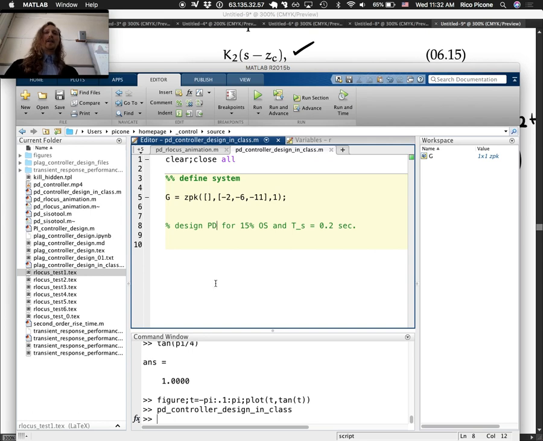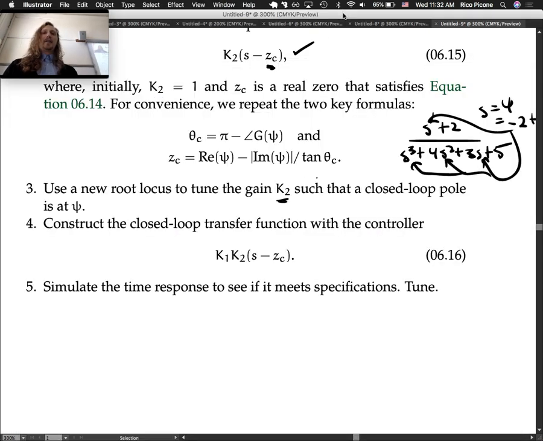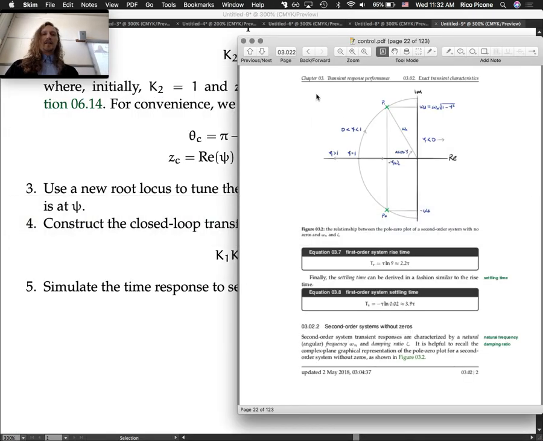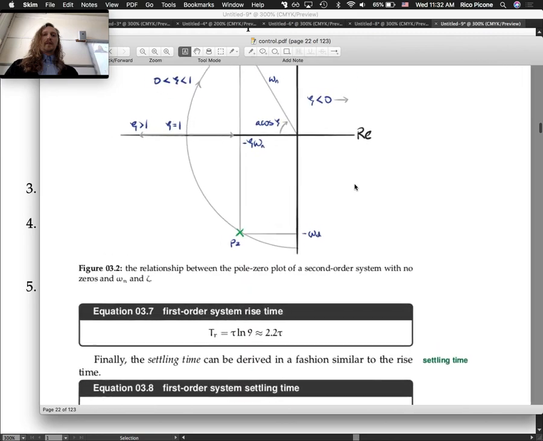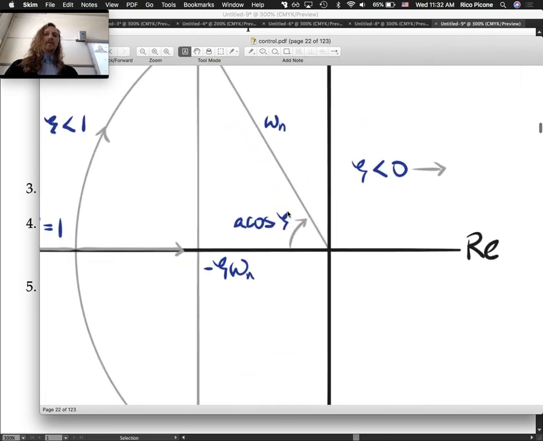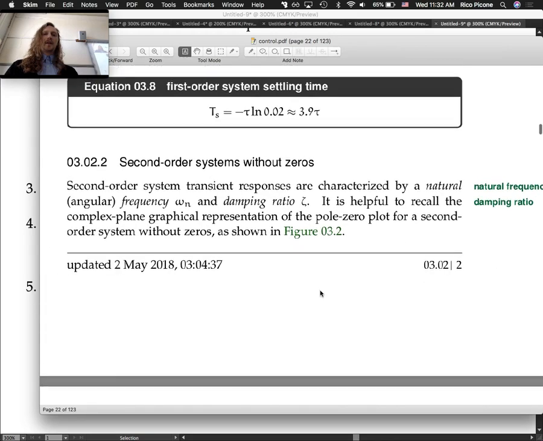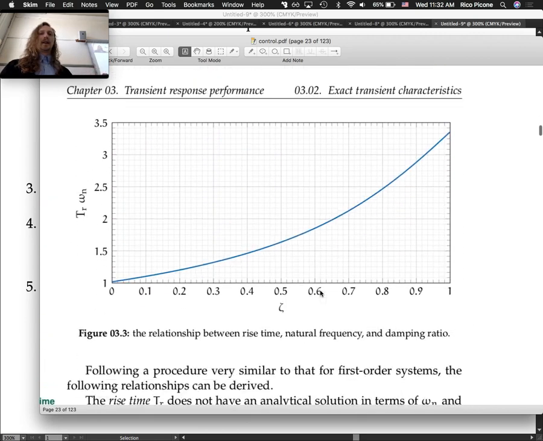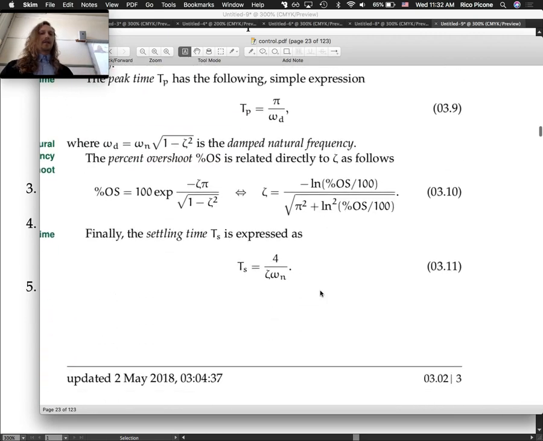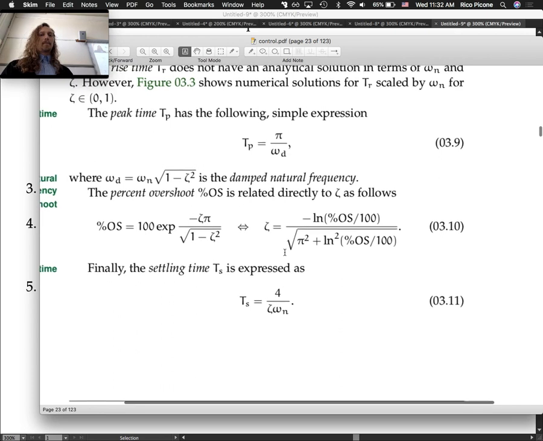So I'm going to go back and remind us from chapter 3, in the transient response characteristics lectures, that the percent overshoot and zeta are directly related.